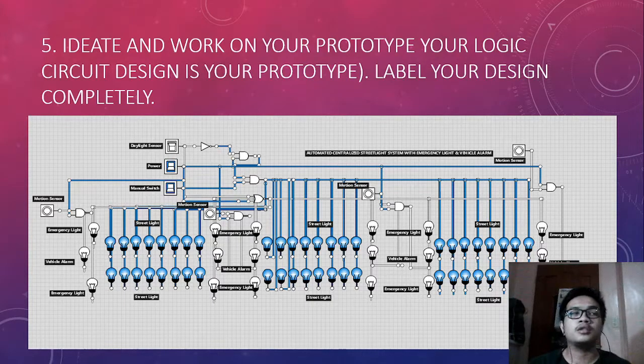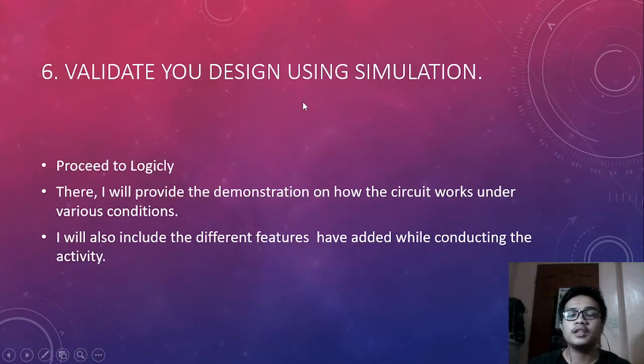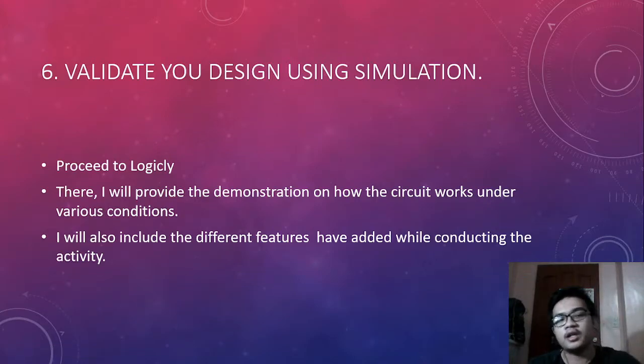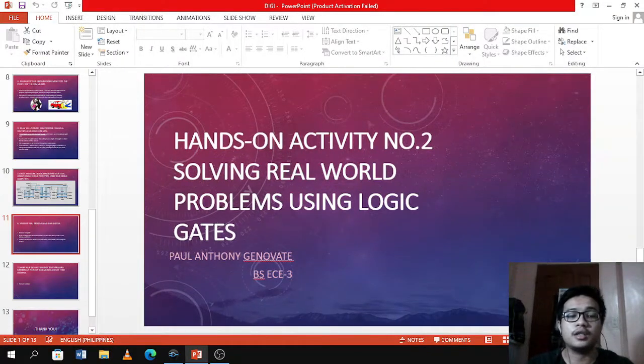I felt like this could help people who are not physically capable and have struggles when going outside. Now, validate your design using simulation. So I'm going to proceed to Logicly, where I will provide a demonstration, and I will also include the pictures I added while conducting the activity.